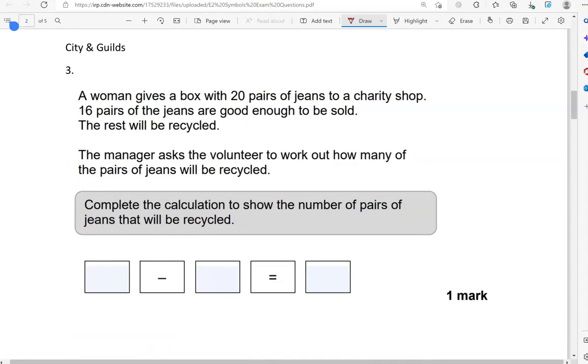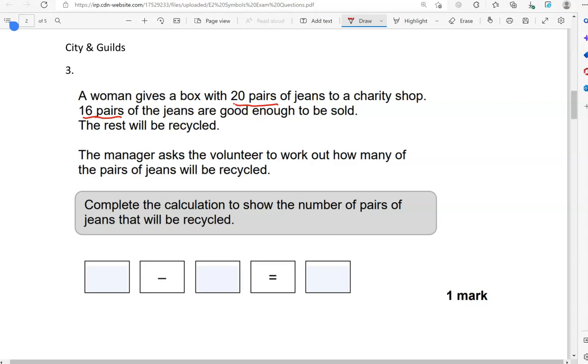A woman gives a box with 20 pairs of jeans to a charity shop. 16 pairs of the jeans are good enough to be sold. The rest will be recycled. The manager asks the volunteer to work out how many of the pairs of jeans will be recycled. So the rest, working out the rest.